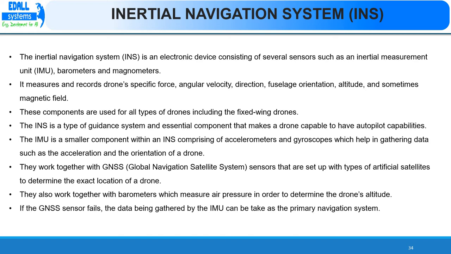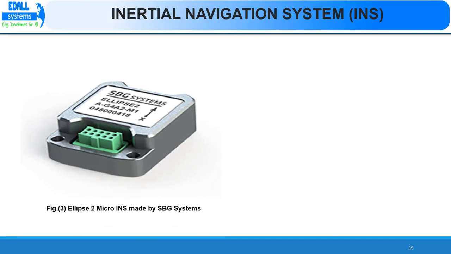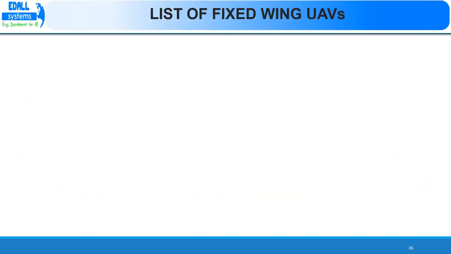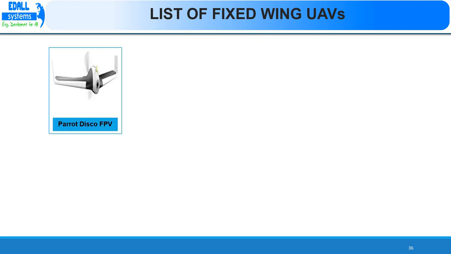If the navigation satellite system sensor fails, the data collected by inertial measurement unit, IMU, can be taken as primary navigation system. Some examples for inertial navigation system. Lastly, we shall see the list of fixed-wing UAVs.